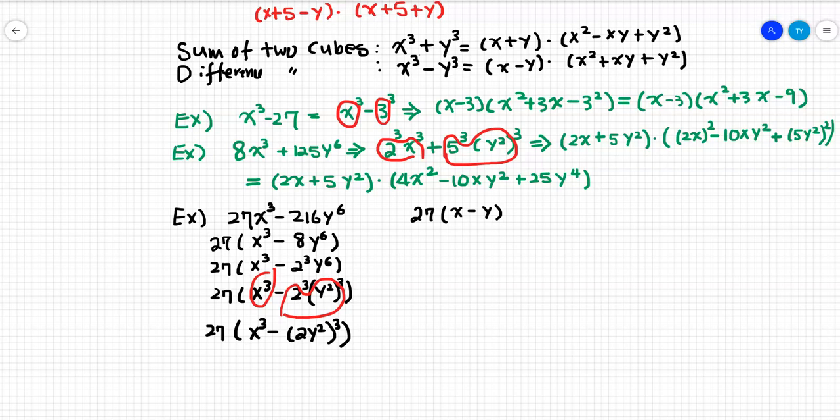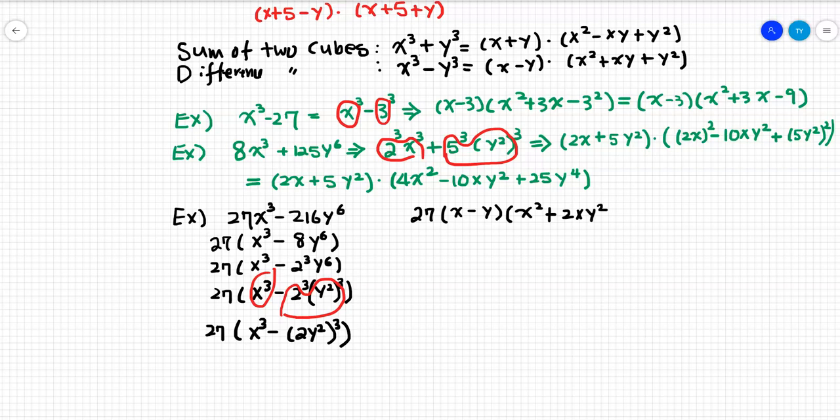Now the x squared is x squared, plus xy, which means x times 2y squared, so that would be 2xy squared.